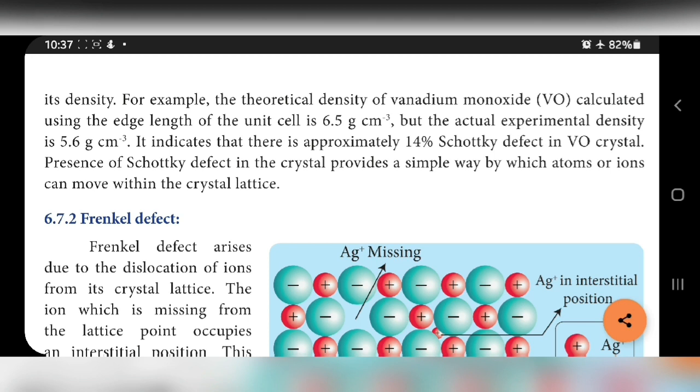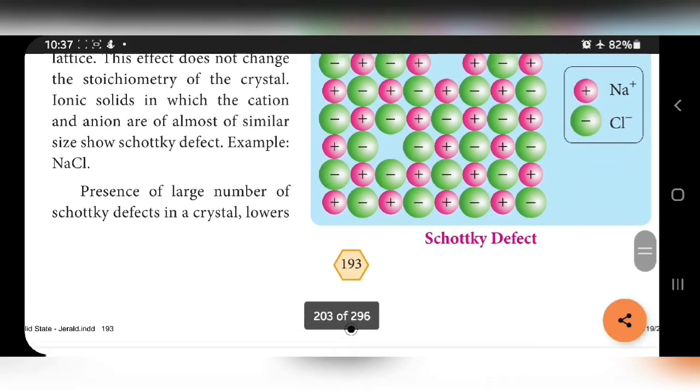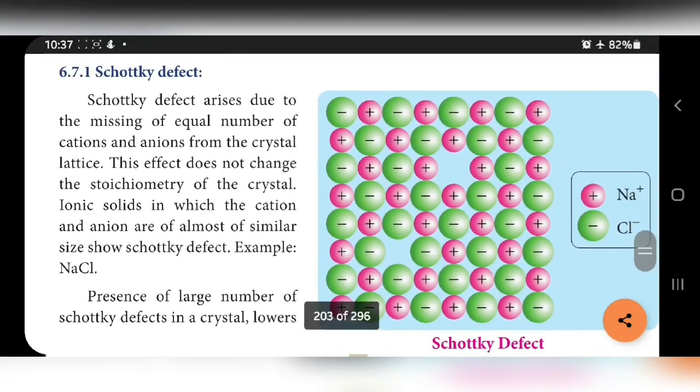So Schottky defect over. What do you mean by Schottky defect? Schottky defect arises due to the missing of an equal number of cations and anions. Due to this missing of an equal number of cations and anions, it does not affect the stoichiometry of the crystal because the ratio is the same.